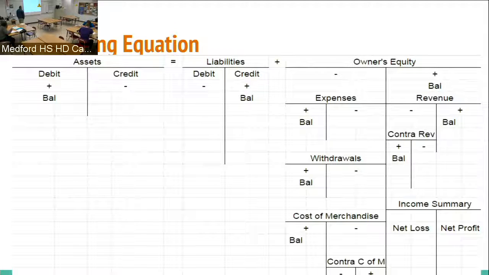Cost of merchandise has a debit balance. And then we have, with that, a contra cost of merchandise, which is a reverse cost of merchandise. So again, purchases falls under the cost of merchandise classification. Purchases returns, allowances, and discounts is a contra cost of merchandise account.